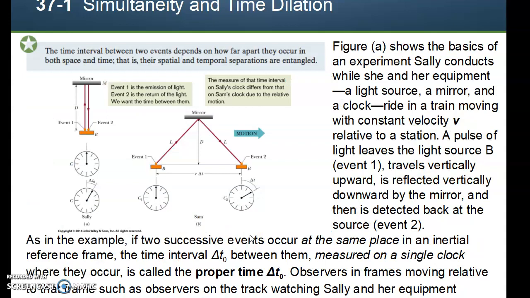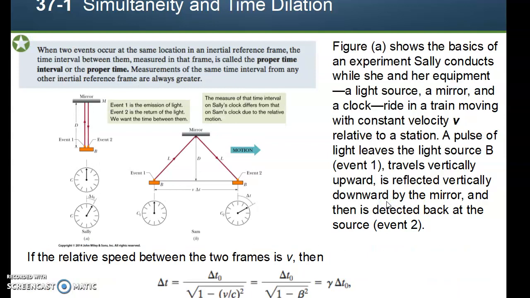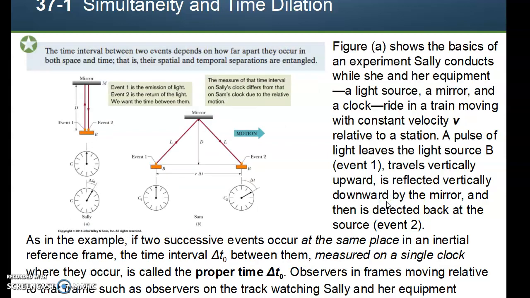Now, figure A shows the basics of the experiment Sally conducts while she and her equipment, a light source and a mirror and a clock, ride in a train moving with a constant velocity v relative to the station. The pulse of light leaves the light source, event 1, and travels vertically upward and is reflected vertically downward by the mirror, and then is detected back at the source, event 2.